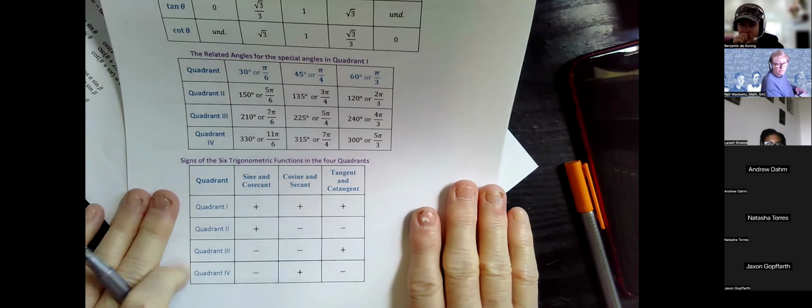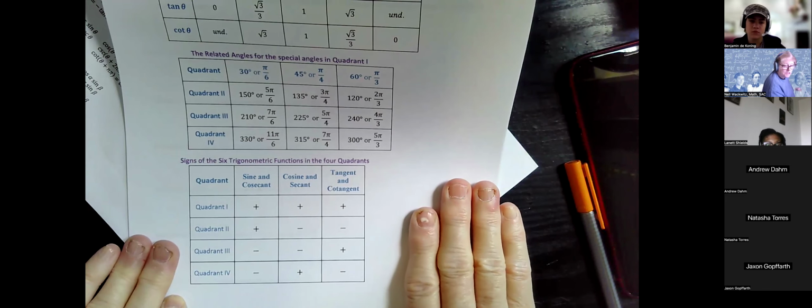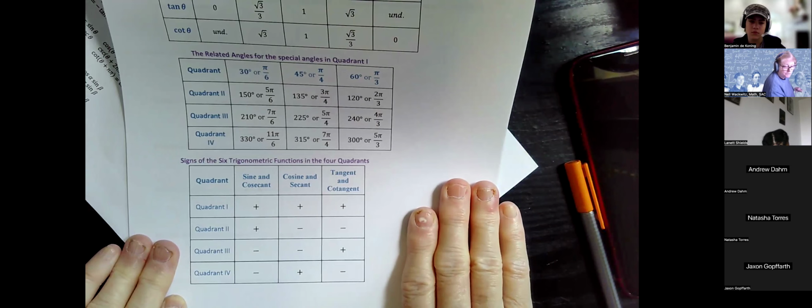And I wrote out the signs of each of the trig functions in the various quadrants. So this is all on one document, and the name of this document is Helpful Facts.